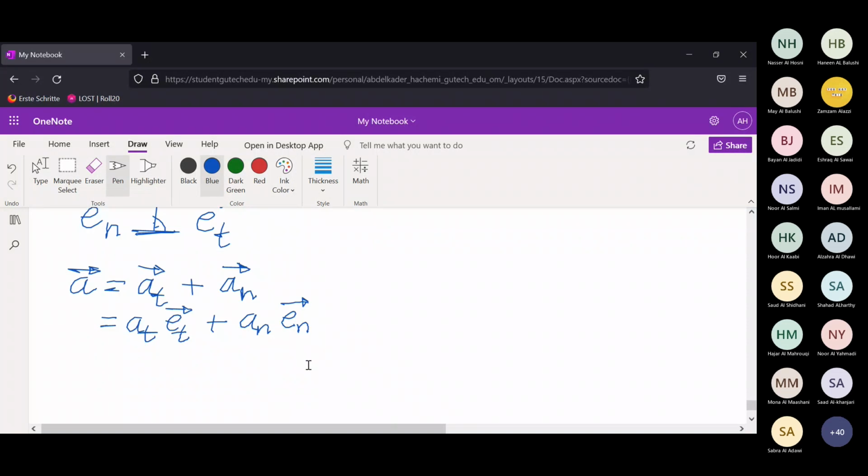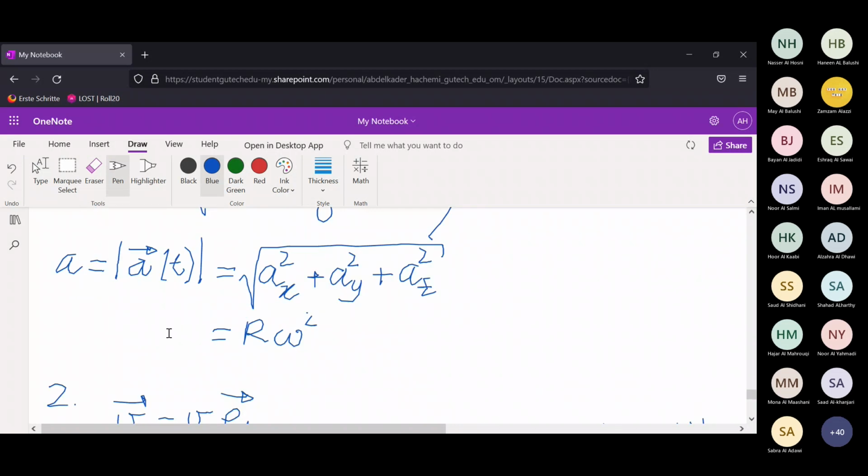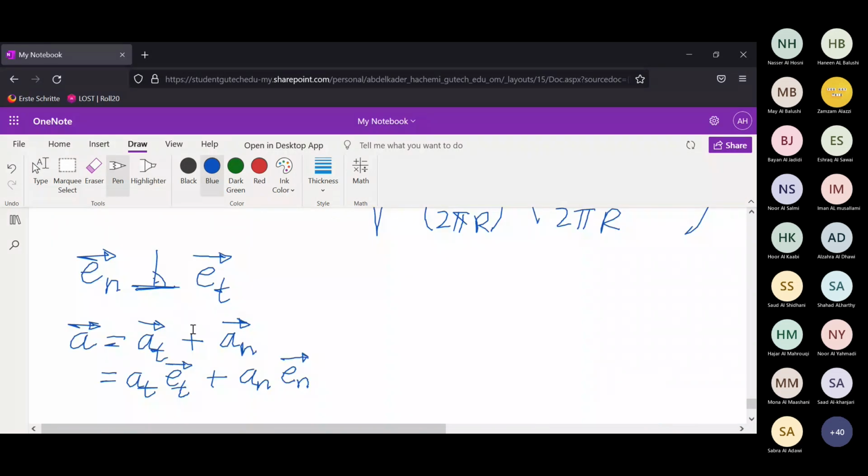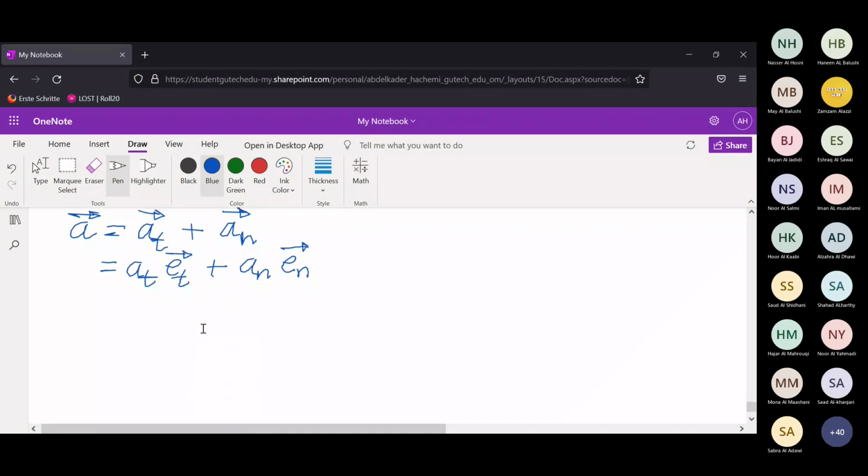Now the question, we have e_t, we can get it by definition. It's easy, because it's only v dot, the magnitude v dot. But the problem is to get the normal one.